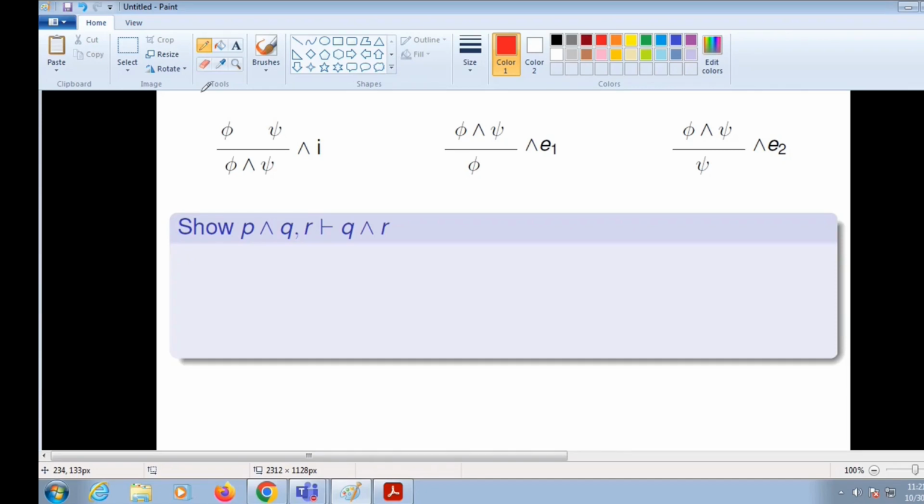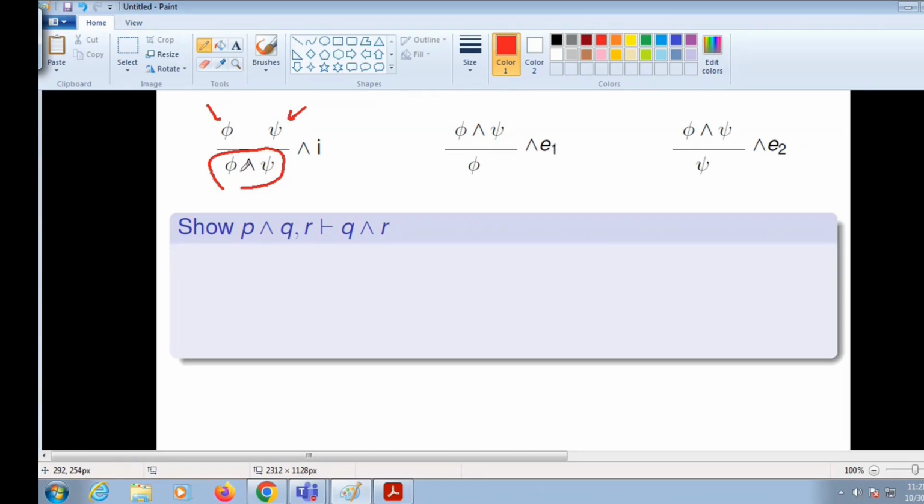So if I say that there is something called phi and something called psi. If you have phi and psi, you can say that you have both phi and psi.